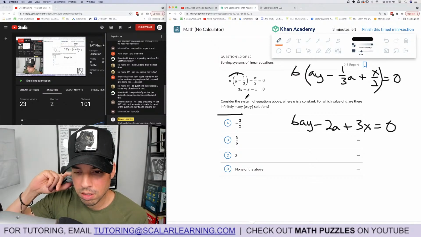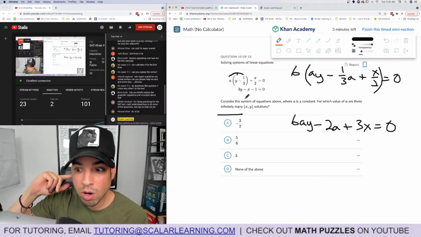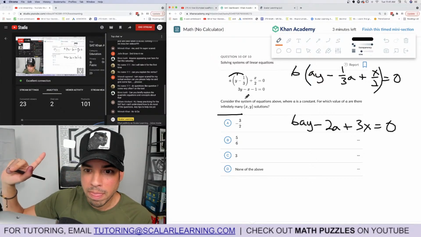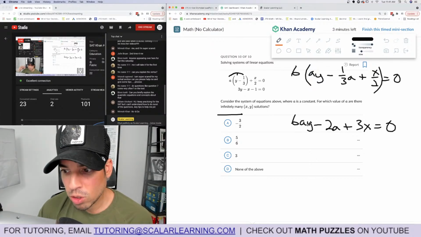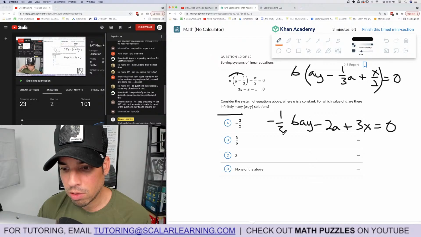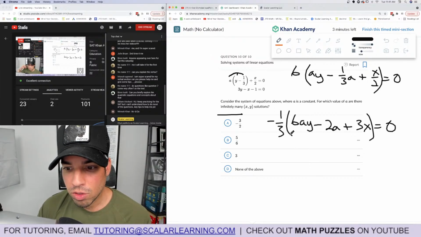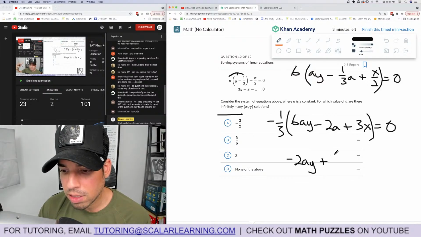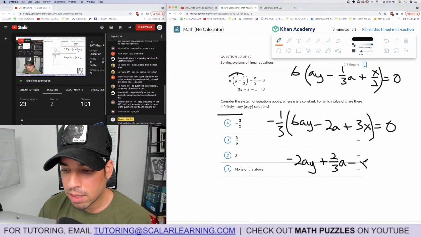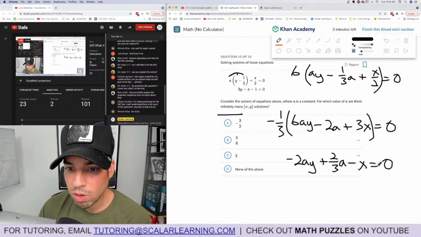Something's weird because now the A value. Oh. We can't have this. We need the X to be 1X. So now I'm going to multiply everything by -1/3. Sorry. Okay. So then that becomes -2AY plus 2/3 A minus X equals 0.